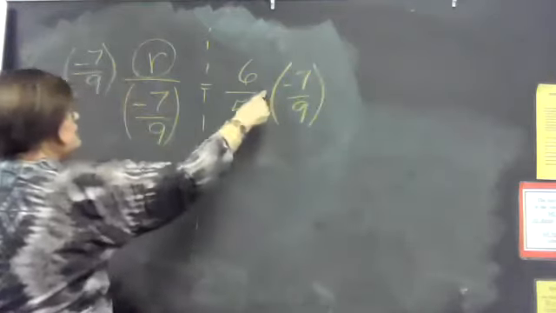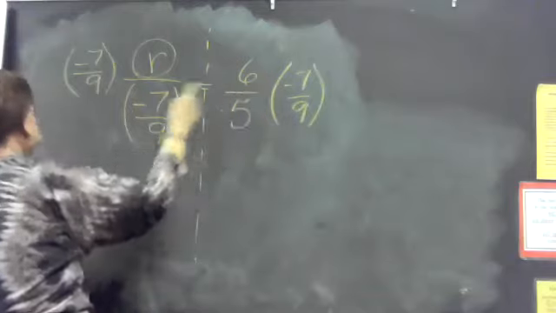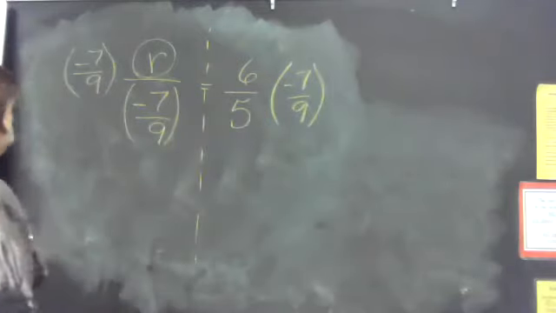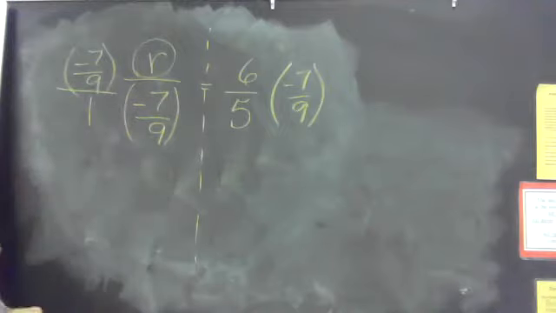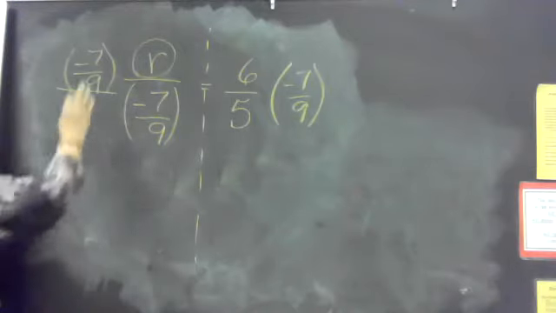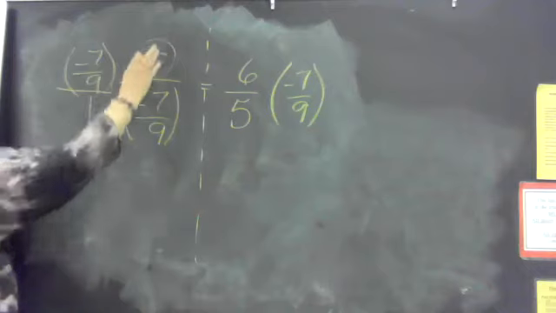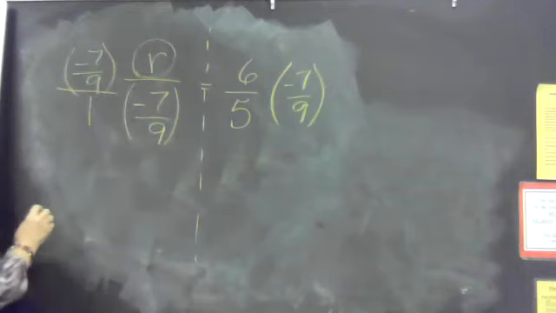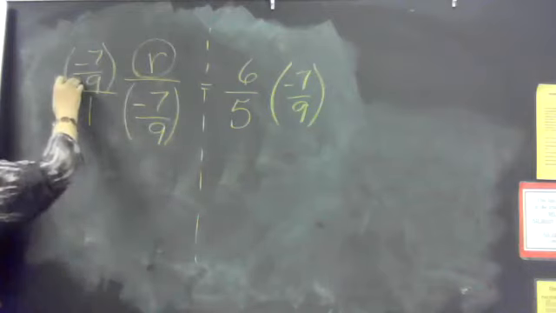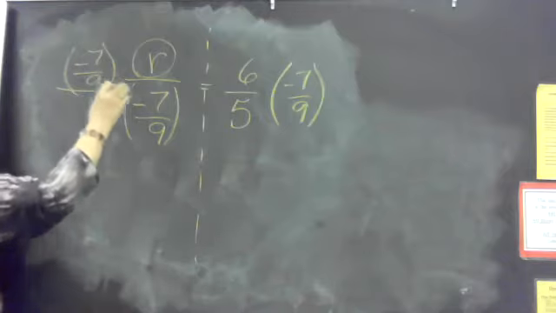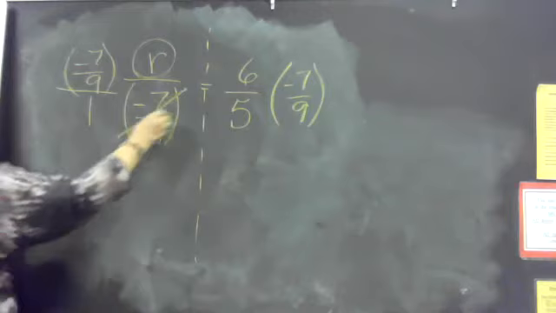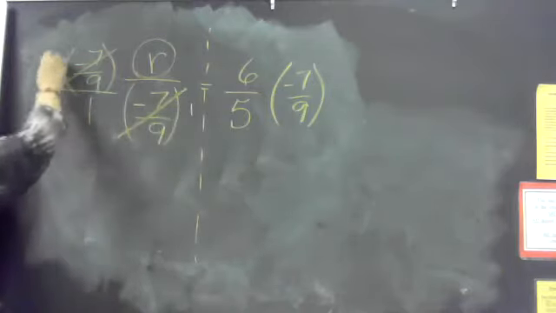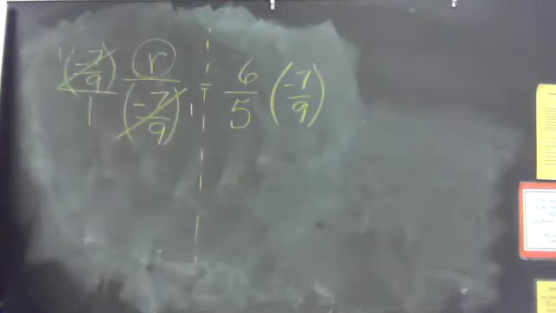Remember that if it's crammed together, it means multiply, so I don't have to write the multiply sign. We can put that over 1, remember? Here's a fraction times a fraction, and look at this. Negative 7/9 on top, negative 7/9 on the bottom, they can cancel because they are exactly the same.